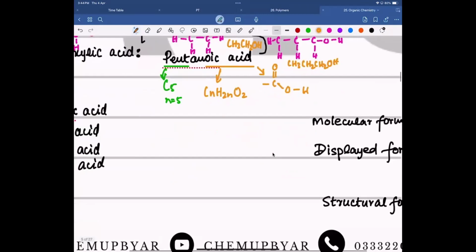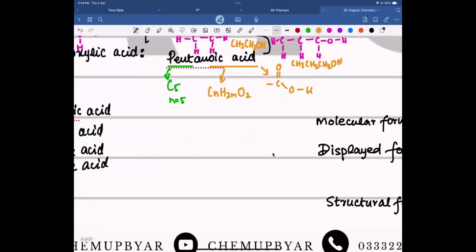So if I try to make the molecular formula, it becomes C5H10O2. Is this clear? C5H10O2. Carboxylic acid, CnH2n+1COOH. That's what I have told you.